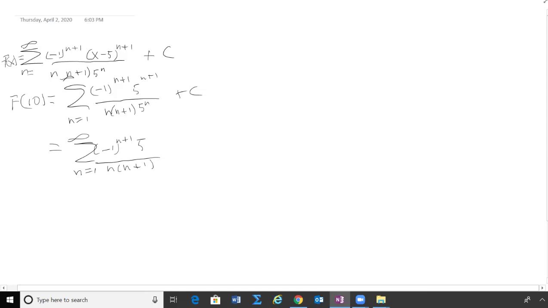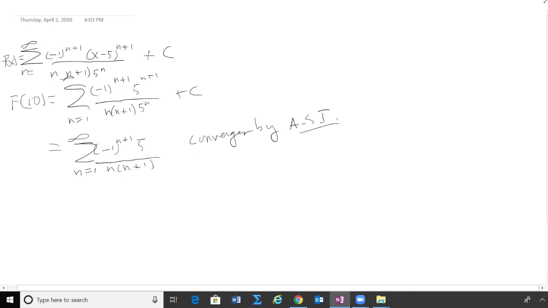It would converge even without this negative 1 to the n plus 1. So we can see again, this one you could use the alternating series test on it and show that it does converge. Okay, converges by the AST. So because it's alternating, you would have to cite the AST for that.